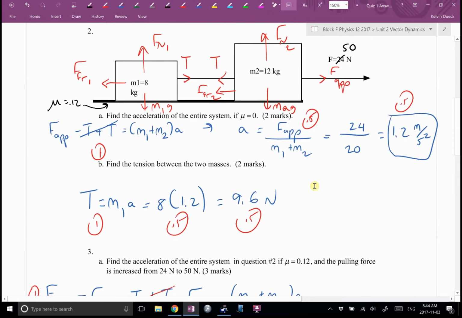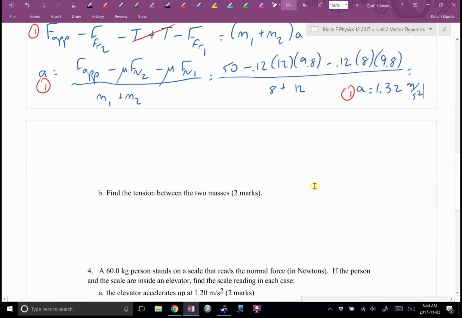Find the tension. Both of these are kind of yucky because no matter which mass I use to find tension, I'm still going to have to incorporate friction. I'll still go with mass 1. It's a little cleaner. So for mass 1, it's going to be tension minus friction 1 equals M1A. So tension equals M1A plus friction 1.